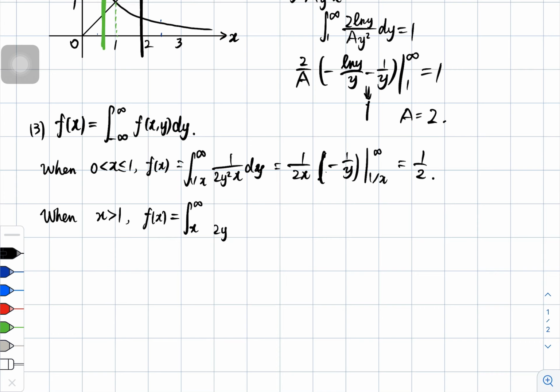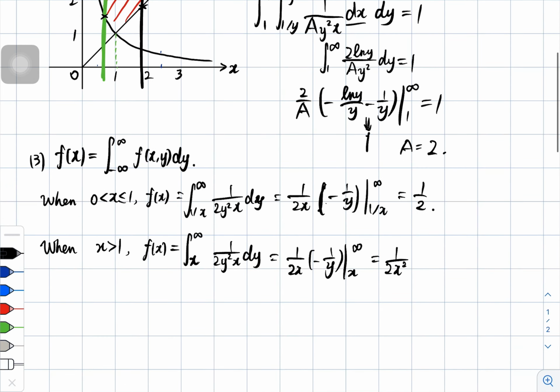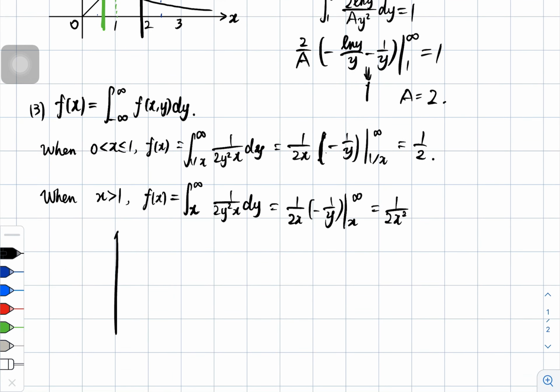So it is this, which is 1 over 2x squared. And the figure is something like this. This is 1. This is 1. This is 1 over 2. This is x, fx.